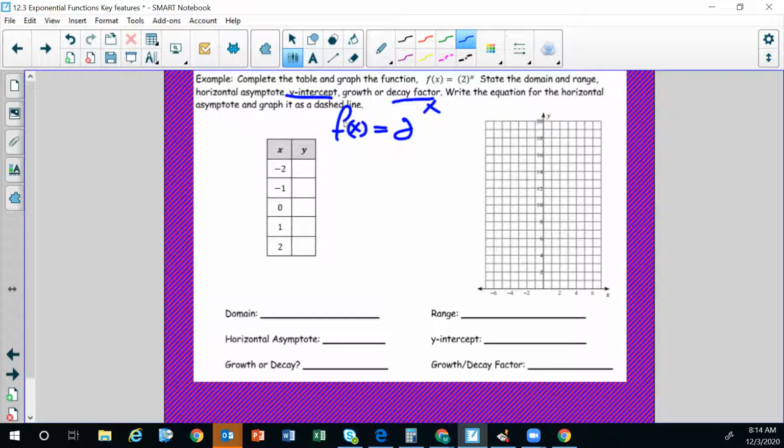It's called asymptote. We're going to talk about that.